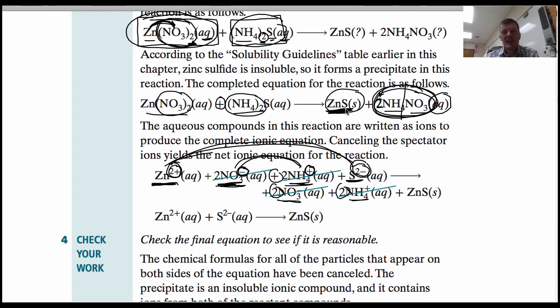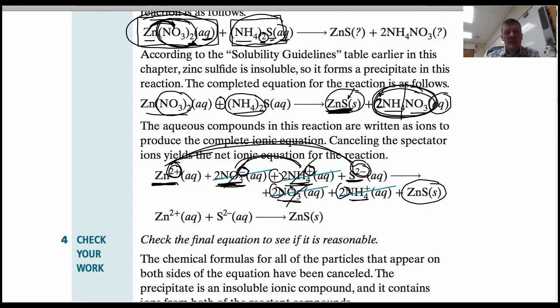But the zinc and the sulfide, if you look at the solubility table, sulfides are insoluble. This is the one that when they get together, they form a solid, and the bond is stronger than what the water can pull apart, and they are going to be the precipitate. So you'll notice that the nitrate was an ion before we mixed them, and it still is after.